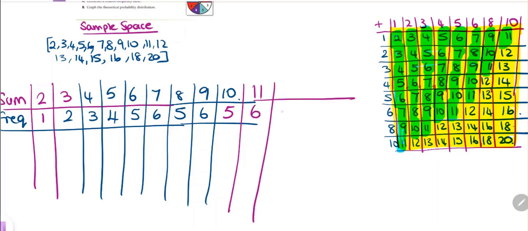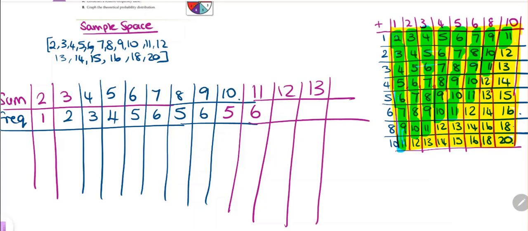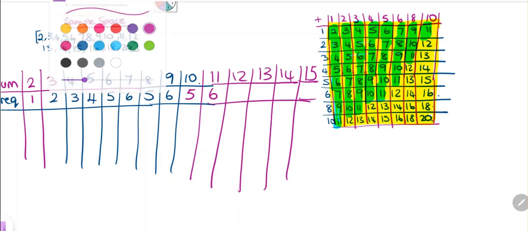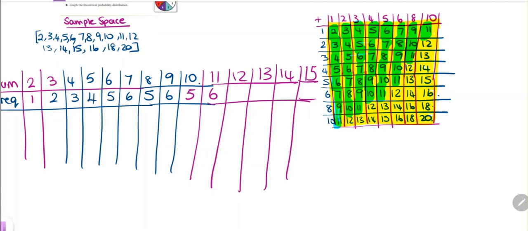So our next numbers, we've got 12, 13, 14, 15. For 12, it's going to be 1, 2, 3, 4, 5. So there's 5 12s.